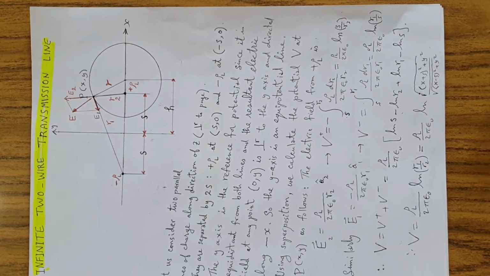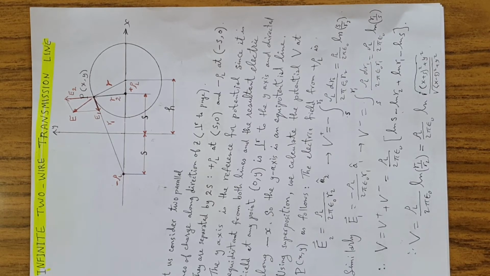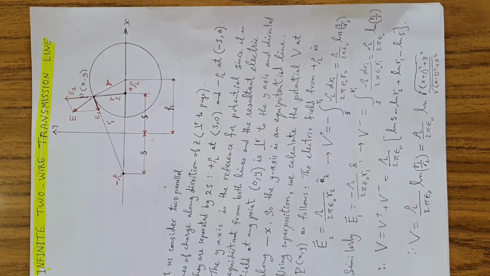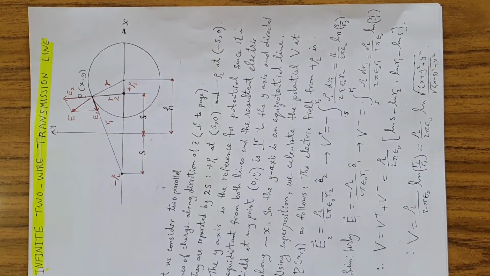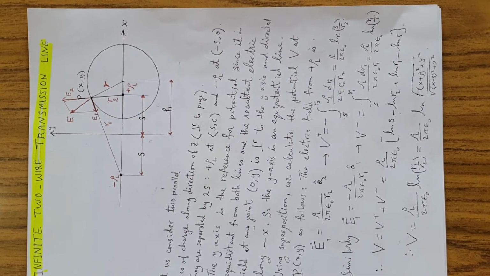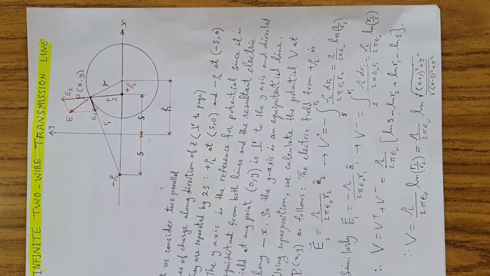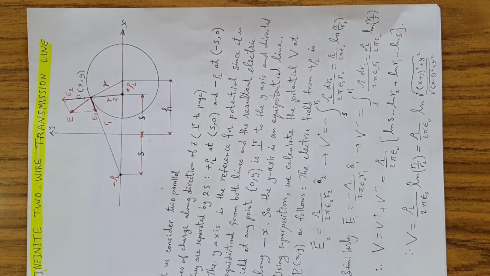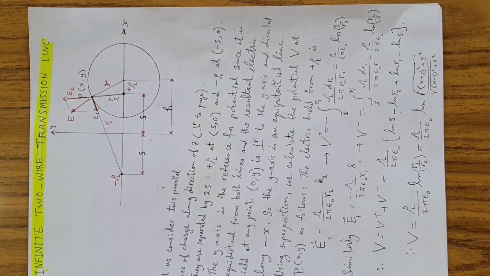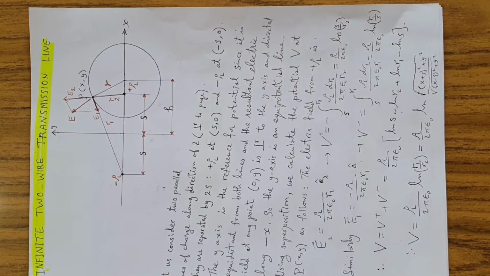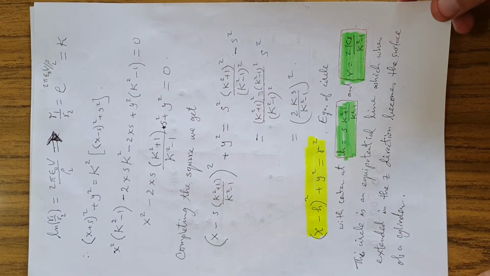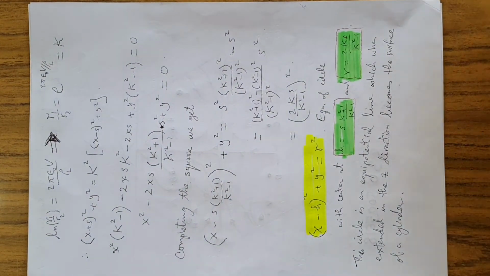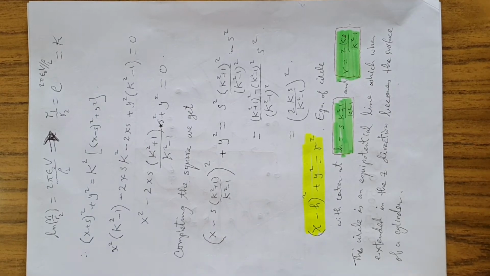Okay, so if we substitute for R1 and R2, it is the square root of x plus s squared plus y squared for R1 and square root of x minus s squared plus y squared for R2. Well, this equation can be put in this form.